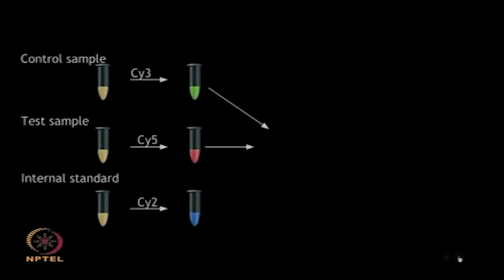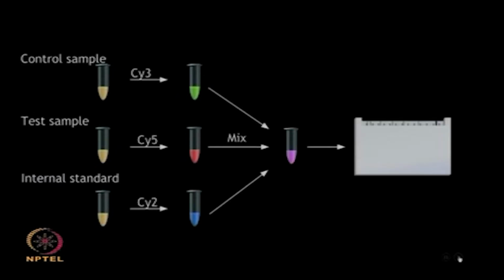The pooled internal standard for DIGE is prepared by mixing equal amounts of all the samples that need to be run on the gel, and this prevents the problem of gel to gel variations.